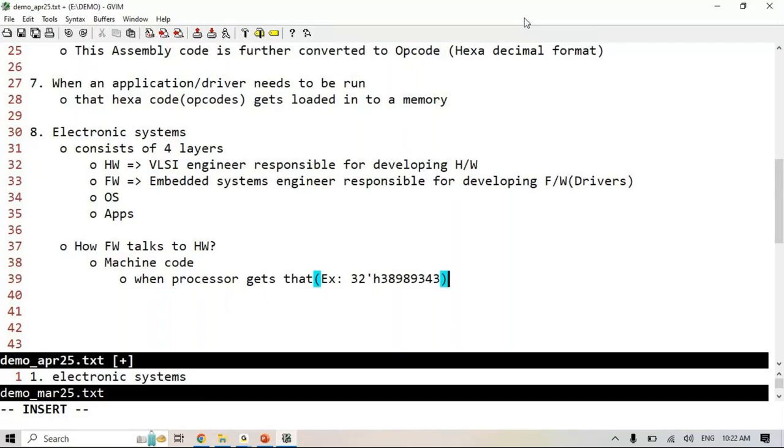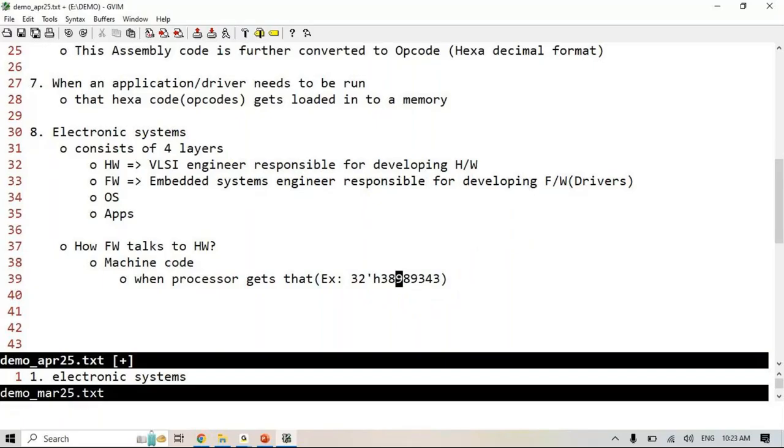That is how your applications are so big. Let's say when you're playing some gaming application, what will be the size of the game? Gigabytes, right? This is how many bytes? 4 bytes. Gigabytes means how many such things should be there? A lot, right?